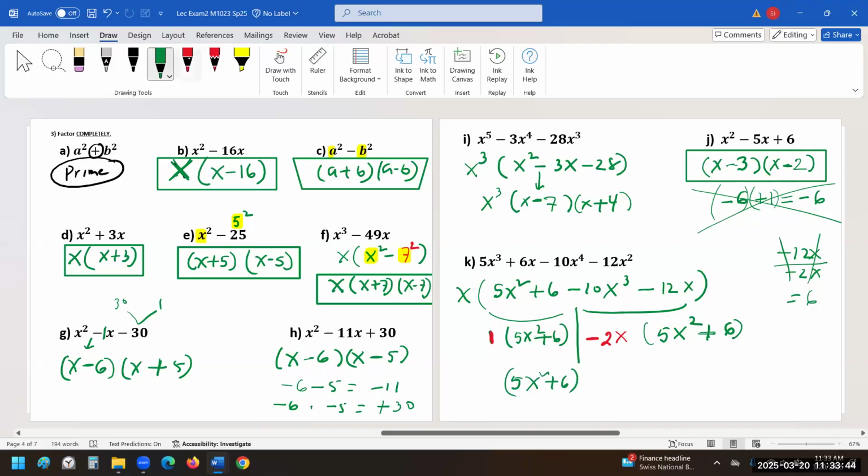So you factor that out. And what is left in the first group? 1. And in the second group, negative 2x. But you cannot forget to use GCF, so you also have to bring your GCF down. And that's how you have 3 factors for this polynomial.